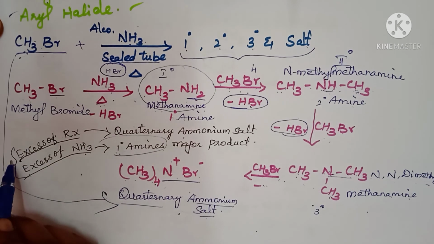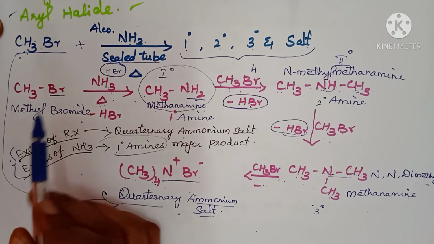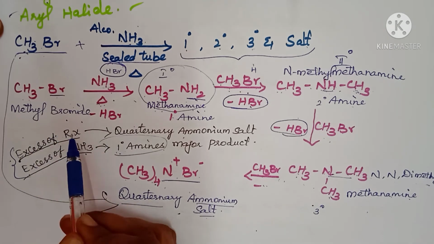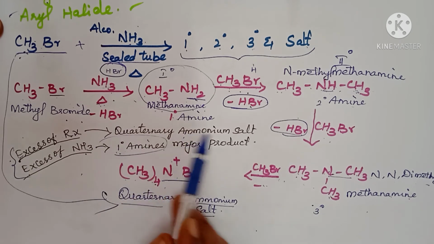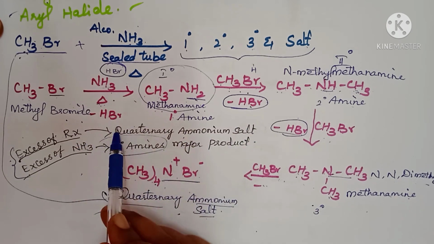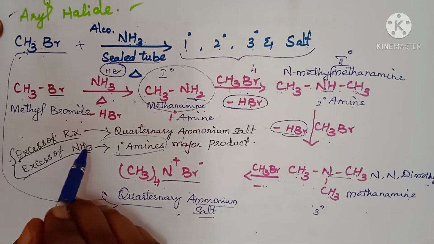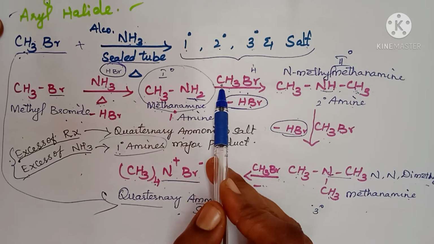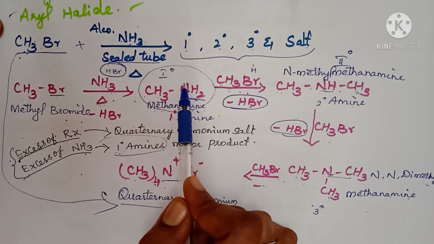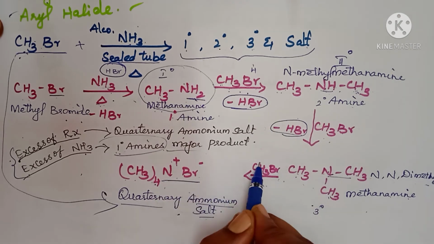In this point, excess of alkyl halide or aryl halide gives quaternary ammonium salt. Suppose excess of ammonia you are adding, you will get the primary amine as the major product. Hope you got that ammonolysis synthesis.